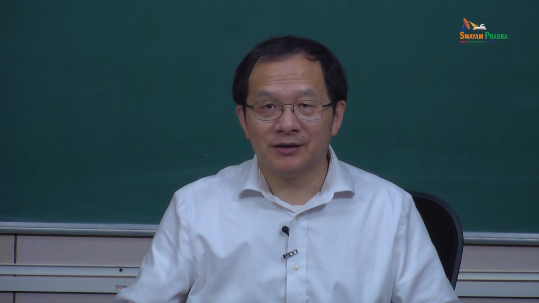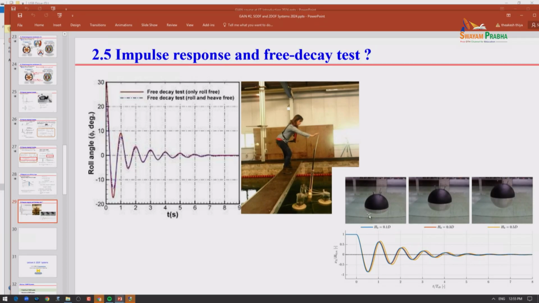As I said, impulse response, I skip that, and I want to show you one figure about impulse response. Okay, so this is free decay, right? For free decay, you put a ball and you give the initial position. And for this wind turbine, you want the pitch motion, you release that, and you get this type of free decay.